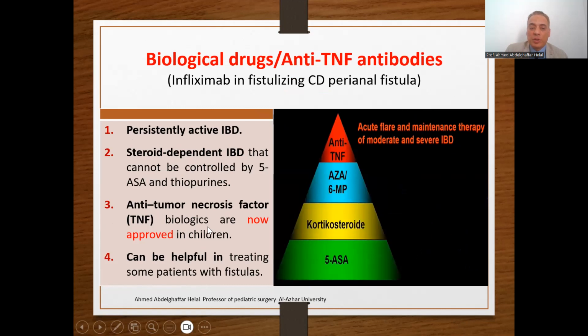Anti-tumor necrosis factors are now approved in children and can be helpful in treating fistulizing Crohn's disease, perineal fistula. So infliximab is one of this group that can be used to treat fistulizing Crohn's disease. Perineal fistula can be healed if infliximab is used.